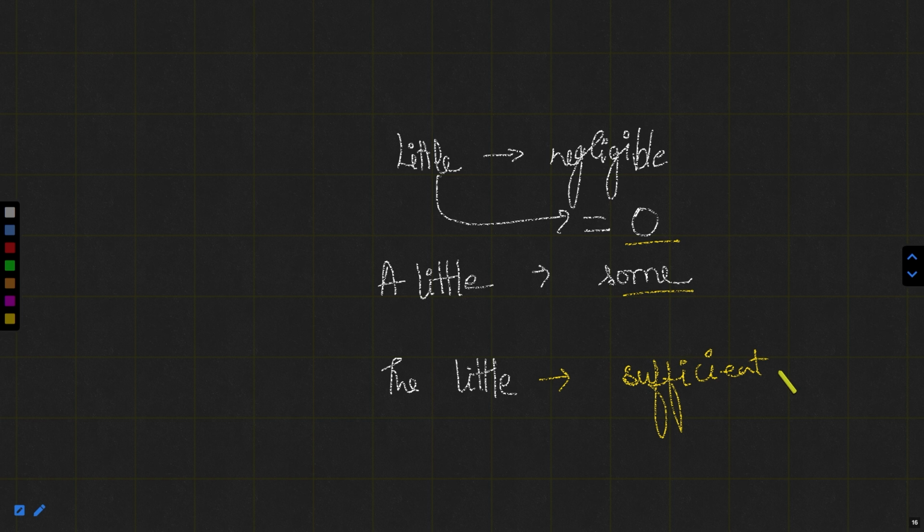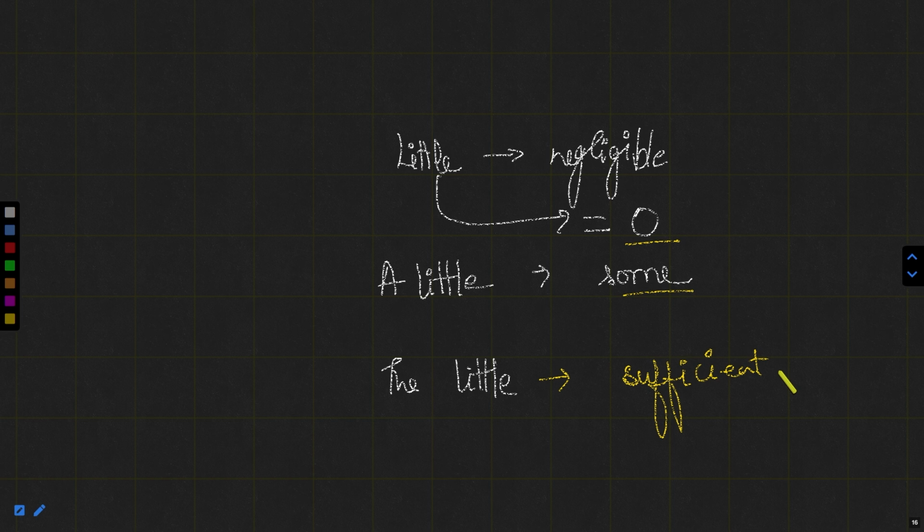A little means, if he gets a little amount of food or some food, which cannot actually satisfy his hunger, but at least gives him some pleasure, it can make him satisfied up to a particular limit.